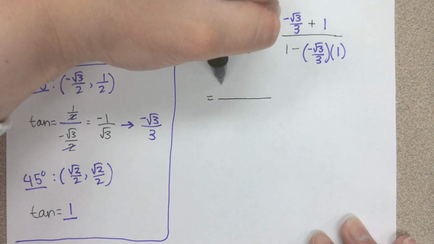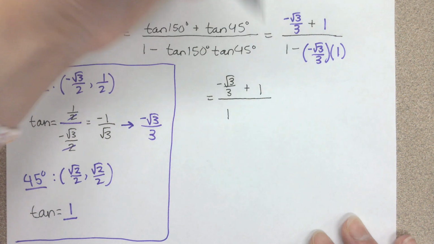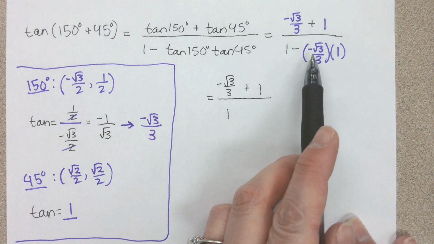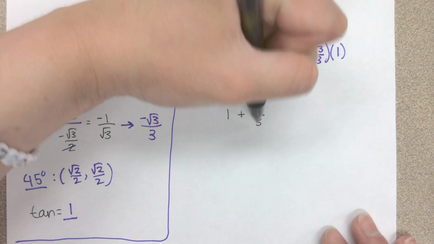Simplifying just a little bit, negative rad 3 over 3 plus 1 over 1, and then you know these will become a positive, so it's just going to be plus rad 3 over 3.